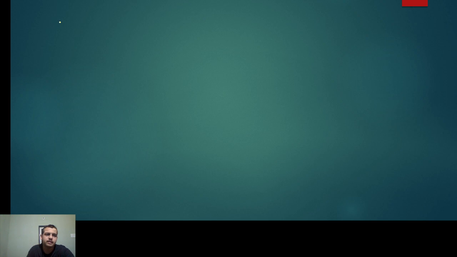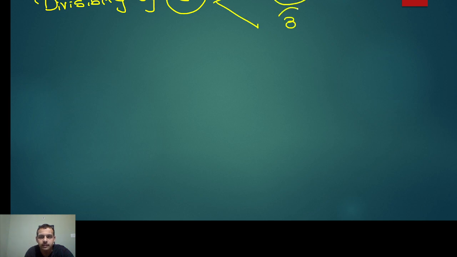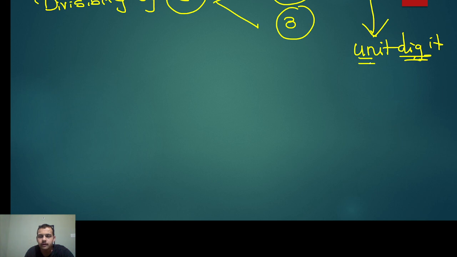Divisibility by 6 we will study. Divisibility by 6 is nothing but the combination of divisibility by 2 and 3. What is the rule of divisibility by 2? The unit digit should be 0, 2, 4, 6 or 8.